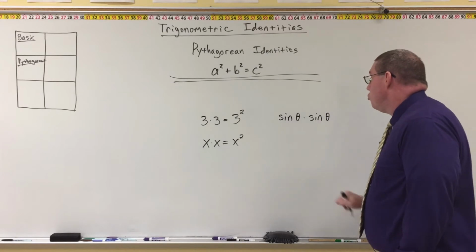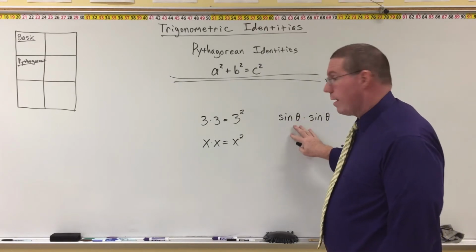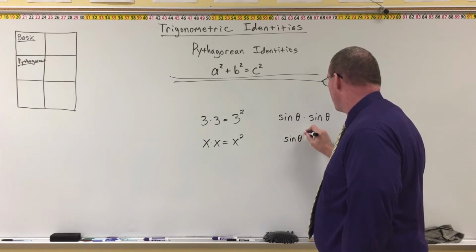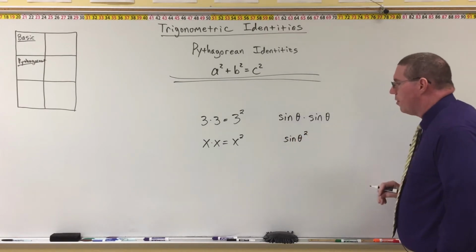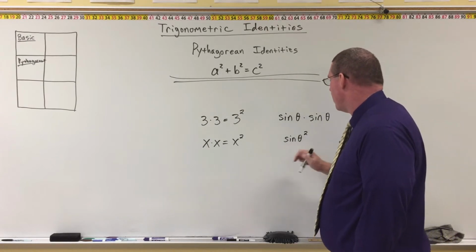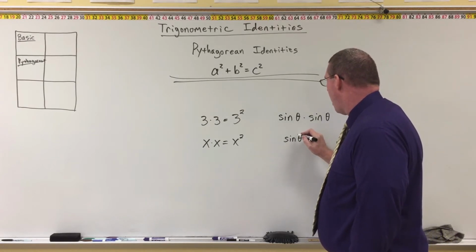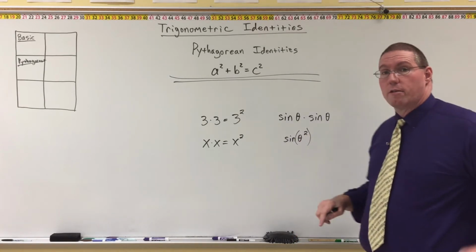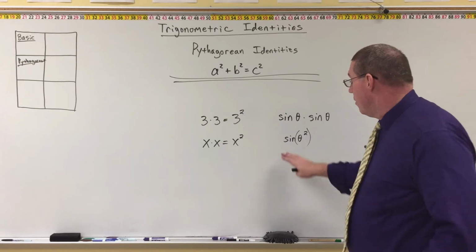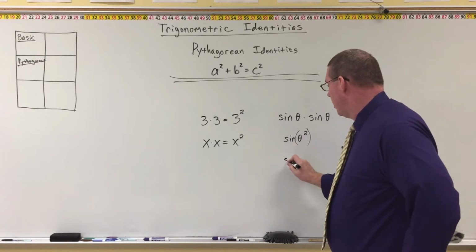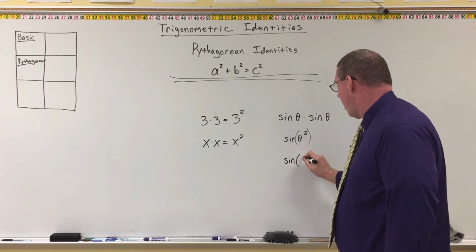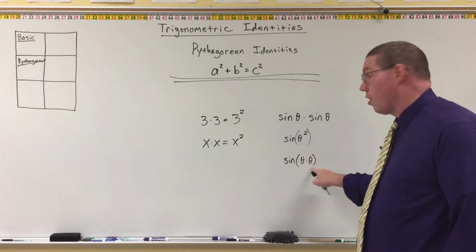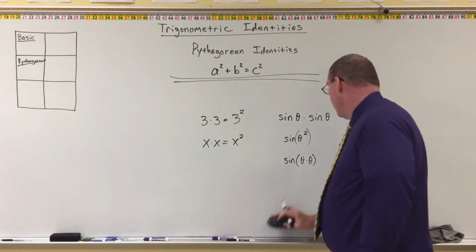Now, you may be tempted to write this as sine of theta squared, right? But the problem with this is that this can be very easily confused with sine of theta squared, okay, which is not the same thing as sine of theta times sine of theta. If you had done it this way, this would actually represent sine of theta times theta, which is not 2 sines, it's just 2 thetas, okay?